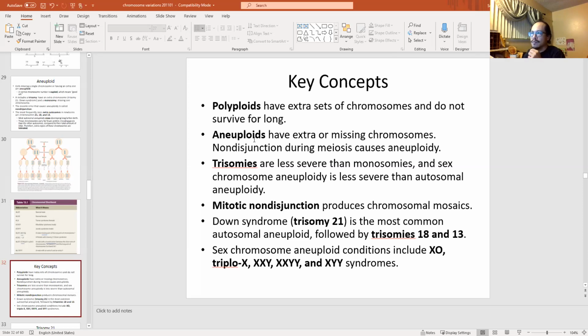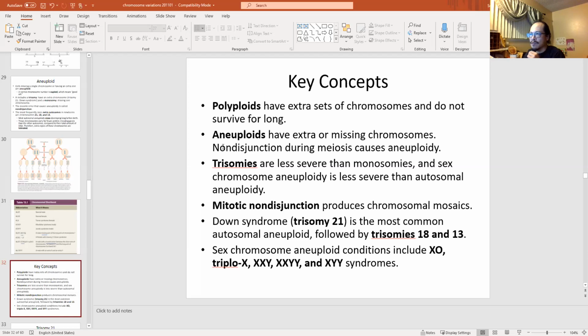Aneuploid can also happen with an extra or missing chromosome in the sex chromosome. So we know there are 5 related sex conditions: X0, that's missing one, Turner syndrome, triple X, XXY, XYY, something like that, right?